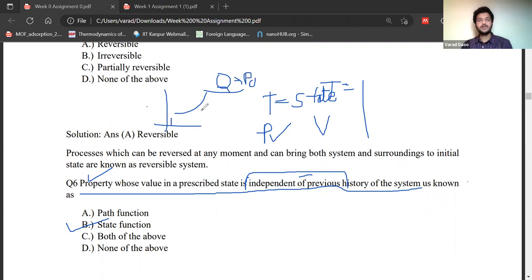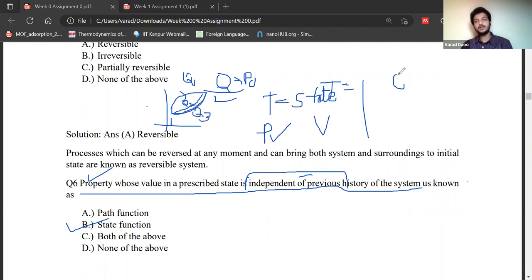Right? For example, we have a system here and a system here. We go from here to here. There are many ways of going. Like this we can go, like this we can go, like this we can go. So the path functions will depend on the path. If we follow this path, the path function, let's say heat Q, will be some Q1. If we follow this path, it will be Q2. If we follow this path, it will be Q3.